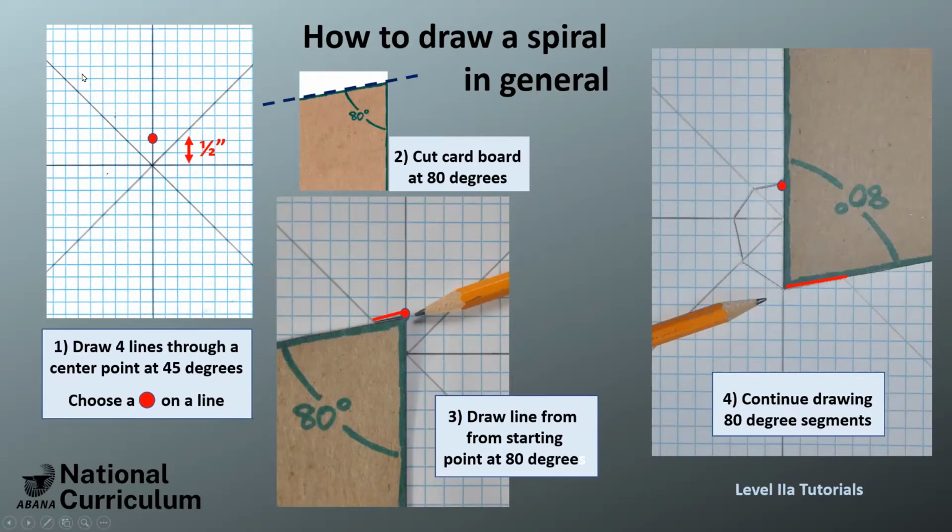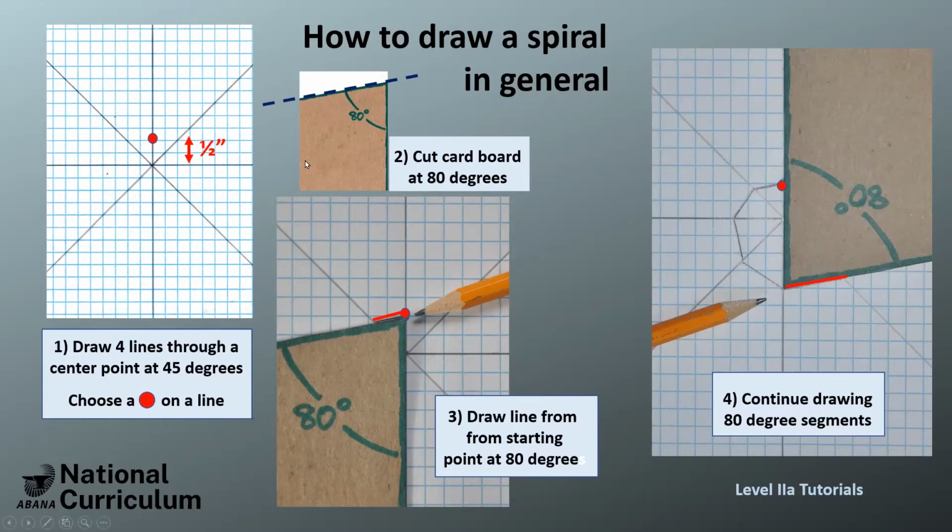Since this is 8 beams around, the angle is 45 degrees. Then you put a starting point on one of the lines. I chose to go 1/2 inch up on this line, but it doesn't really matter. You get the same thing no matter where you start.